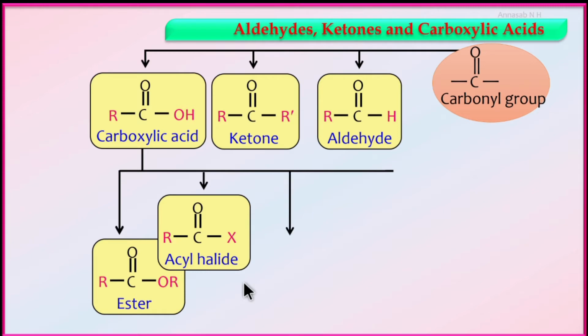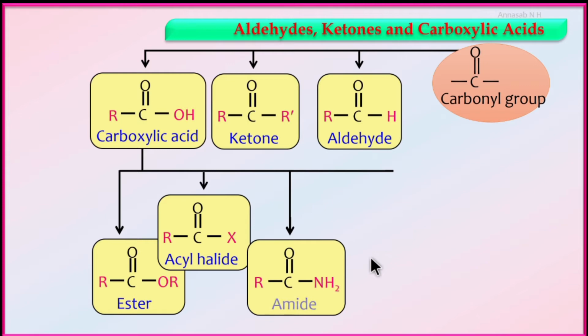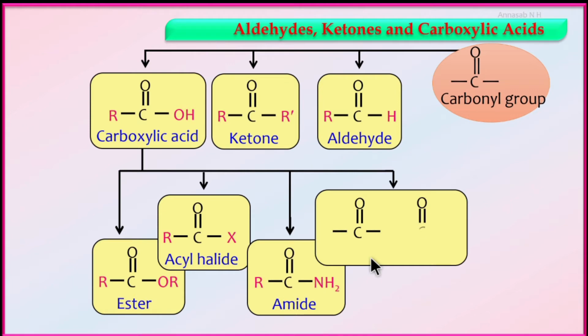The third category of compounds where there is a presence of carbonyl group and R group as it is, instead of OH of carboxylic acid, now it is NH2. Such type of compounds are known as amides. And the fourth category of compounds where there is a presence of two C double bond O groups which are bridged by an oxygen atom and the other valency is the same, that is R. Such type of compounds are known as acid anhydrides.